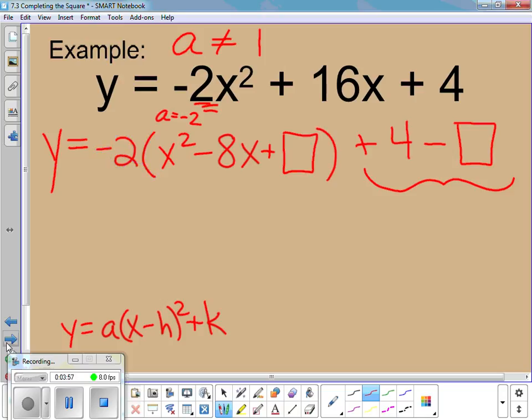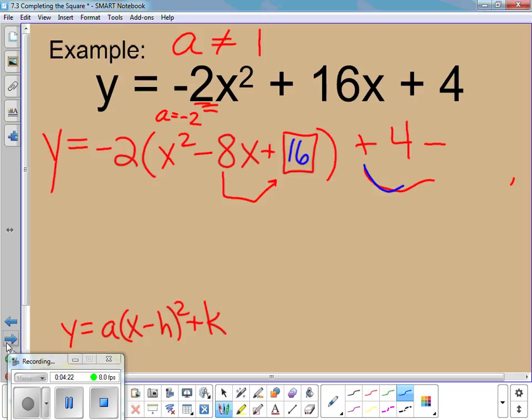Let's quit with this 3 stuff because it's not right. What's half of 8 squared? So 16 is what we're going to add here, but it is not what we're going to subtract. We're not subtracting 16. That won't bring balance. You're going to add 32 to keep it balanced.